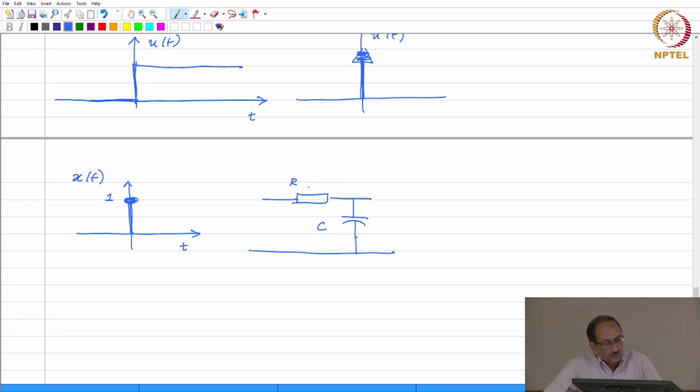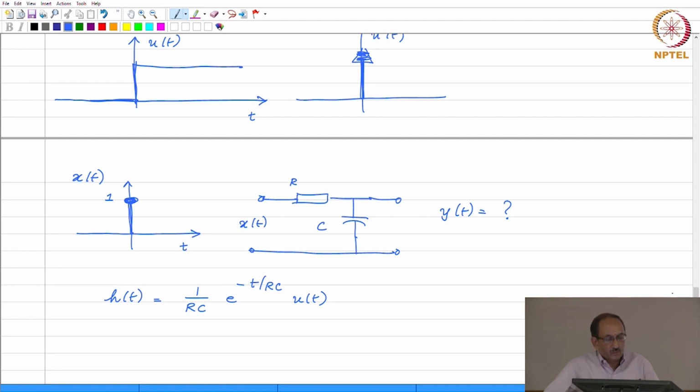R can be anything, it can be 1 ohm and C can be 1 farad. So this is my x of t, and then the question is what is y of t, and the impulse response of course is 1 over RC e power minus t by RC u of t.